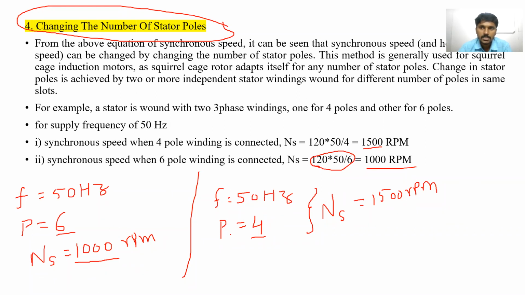If the synchronous speed decreases, the motor speed also decreases. Is it clear? So this is also one of the methods to control the speed of the induction motor, by changing the stator poles.